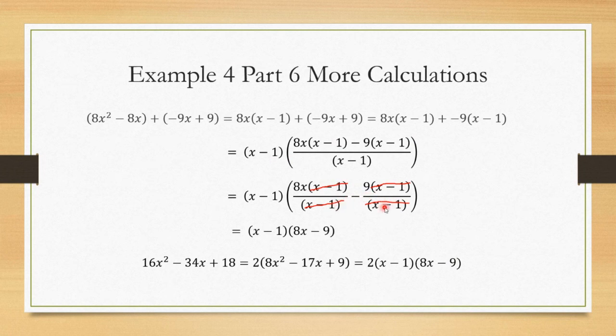You can see by the red ink that the x minus 1s cancel here and here. So we get x minus 1 times 8x minus 9. And again, this too came from the very beginning, the very first GCF we did in this problem. So this is again our answer.